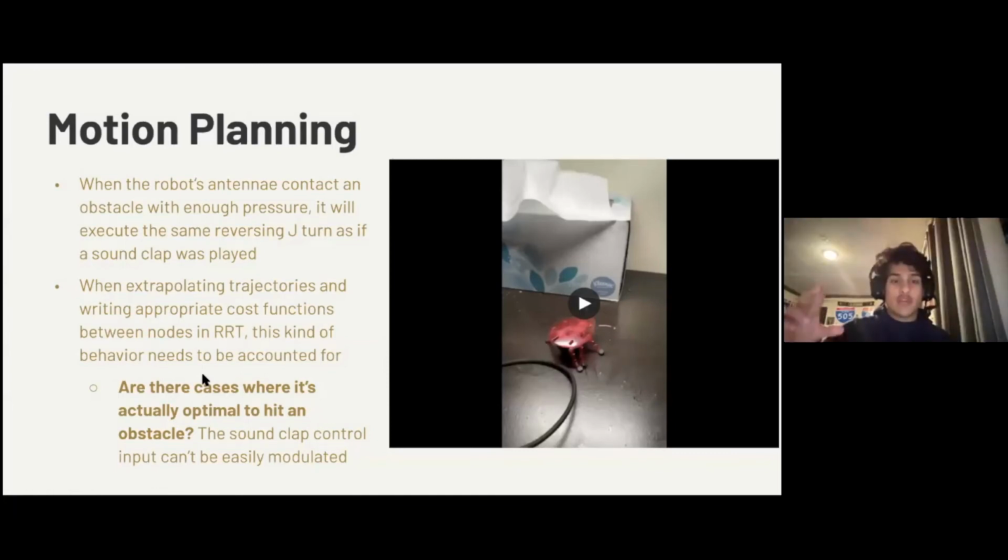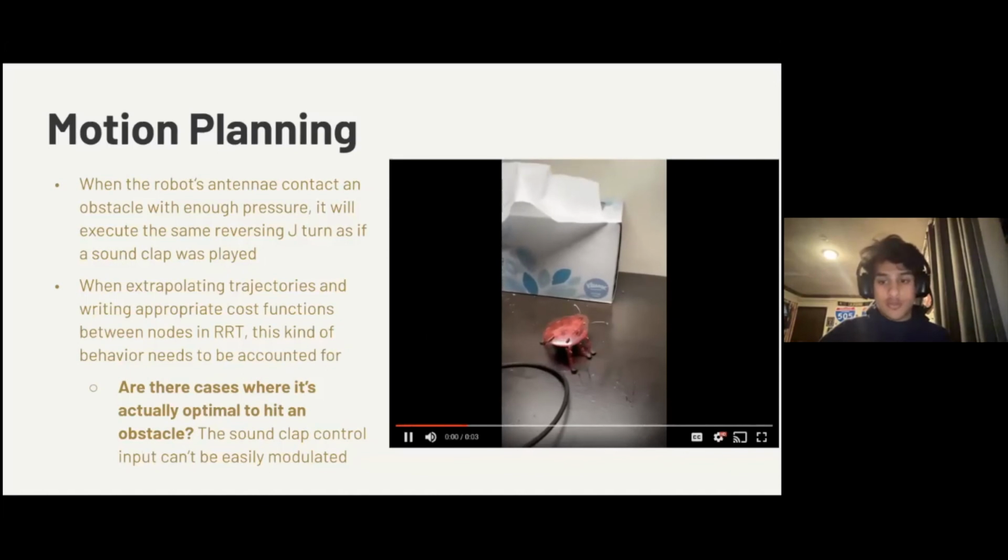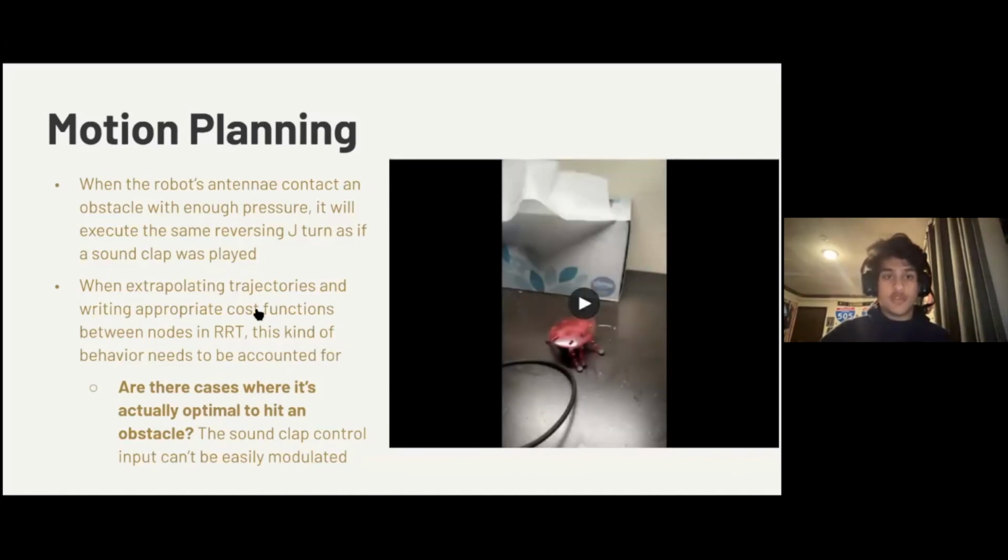So that kind of behavior needs to be accounted for, as sometimes, when turning into a tight corner when there are a lot of obstacles, it could be more optimal to actually hit the obstacle rather than play the sound clap, as the sound clap control, as we mentioned before, is not modulated and the turns are at a fixed angle and speed, as shown in that video. So that's kind of how the motion of the robot would work.